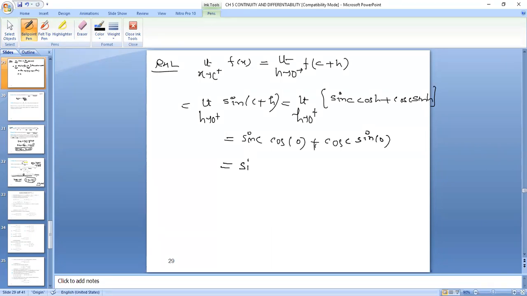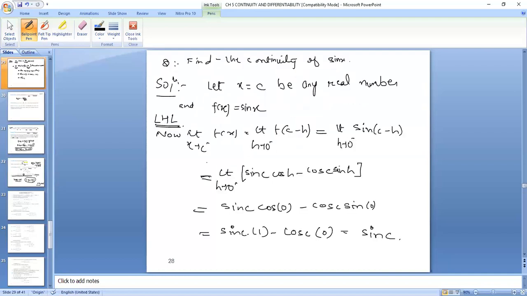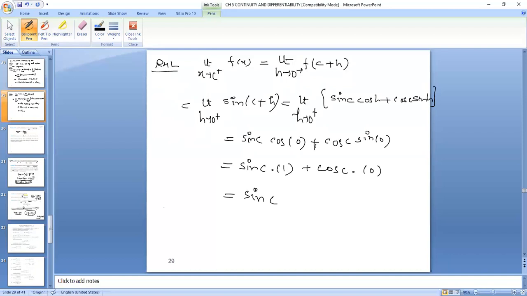Sine C cos 0 is 1, cos C sine 0 is 0, which returns sine C. So when we are taking left hand limit, the answer is sine C. When we are taking right hand limit, the answer is sine C.